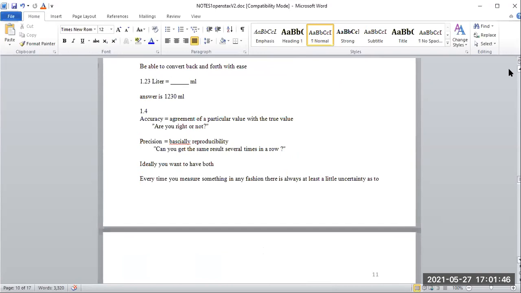Accuracy is how right you are. For instance, those of you who did lab yesterday or who have done lab, the first lab of the semester, one of the things that you are measuring are the densities of some metal solids and some liquids.